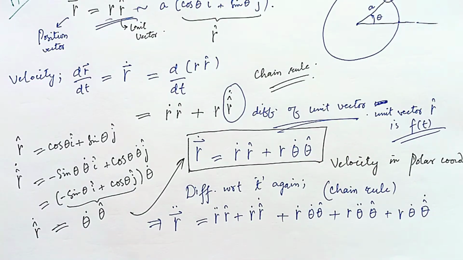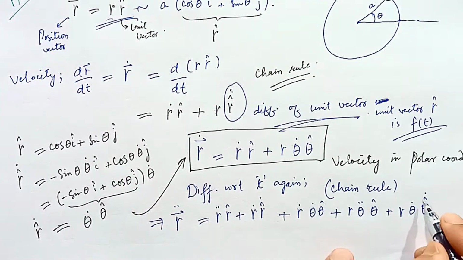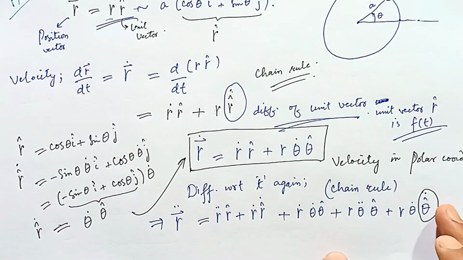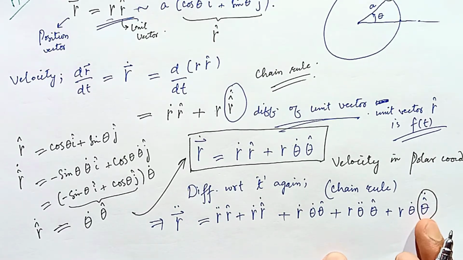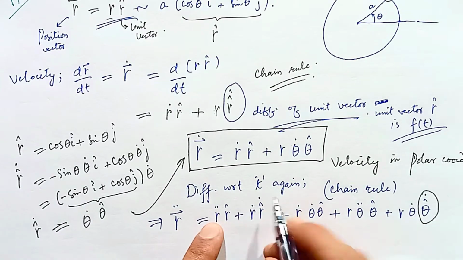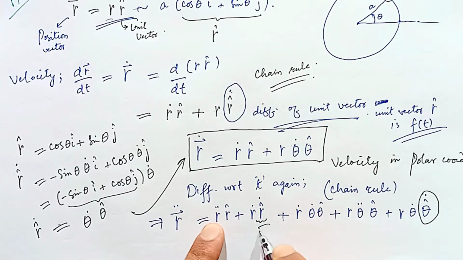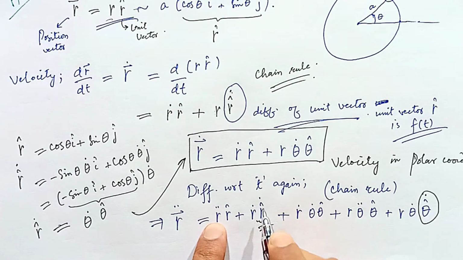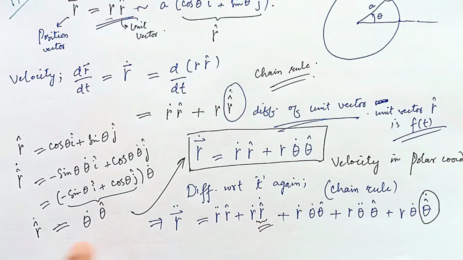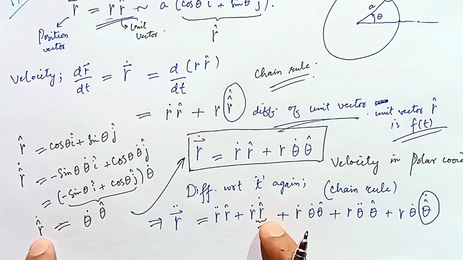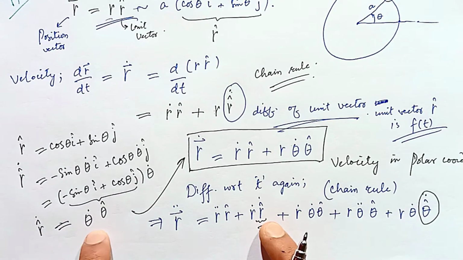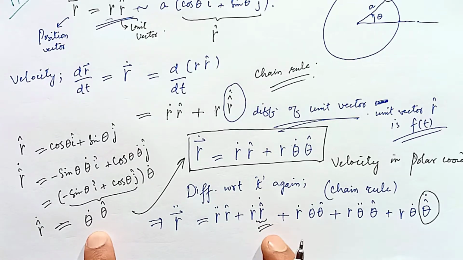Here we are getting two problems in the same equation: we are differentiating the unit vector with respect to time again, and here again we are differentiating the unit vector with respect to time. So we have to convert it into something else. For this term, we know r hat dot is equal to theta dot theta hat, which we calculated already.